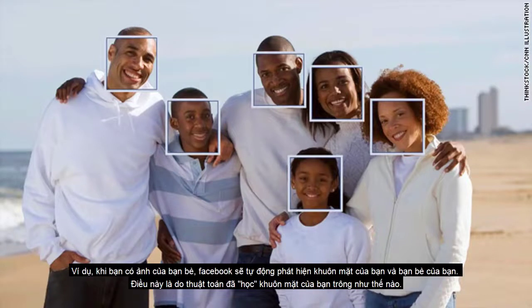So, for example, when you have a picture with your friends, sometimes you notice that Facebook automatically detects that the person in the picture is your friend or it's you, because Facebook has already learned what your face looks like or what your friend's face looks like.